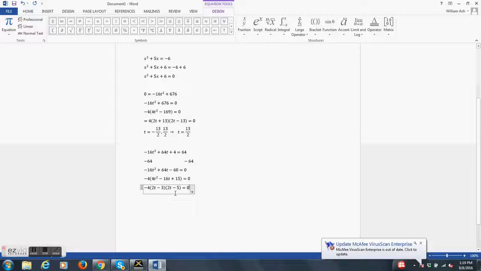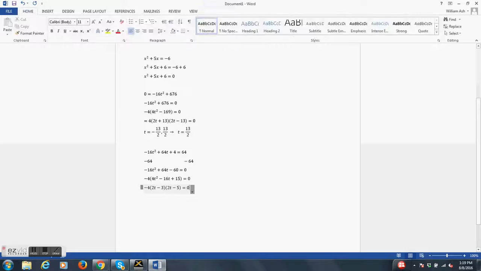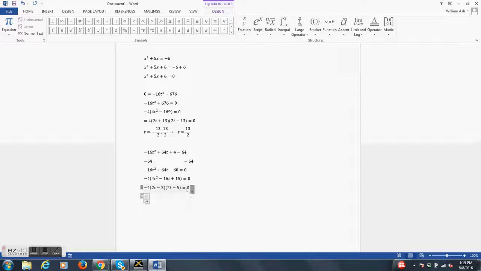Did I do that right? 4t squared, negative 10 minus 6 is negative 16. Whatever process you're using to factor, I don't want to mess it up. But then there you go, you get your answer. I guess t is either 3 halves or 5 halves.